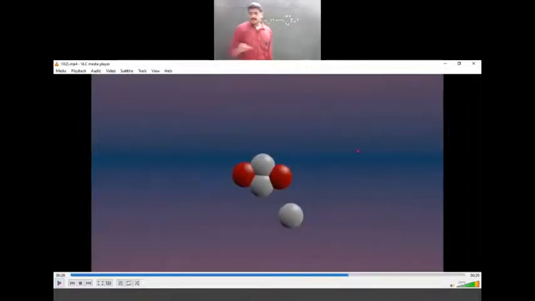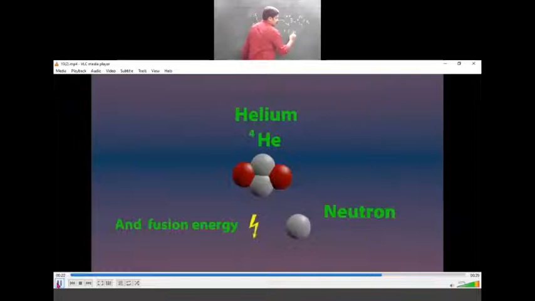Krypton, Kr. The other nucleus, krypton, has mass number 89 and atomic number 36. Plus 3 neutrons plus energy.